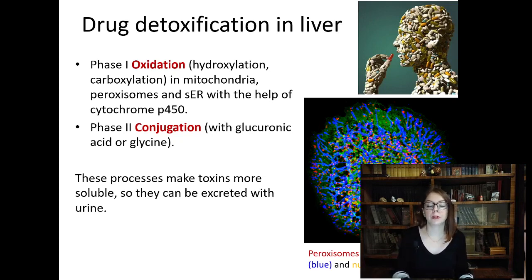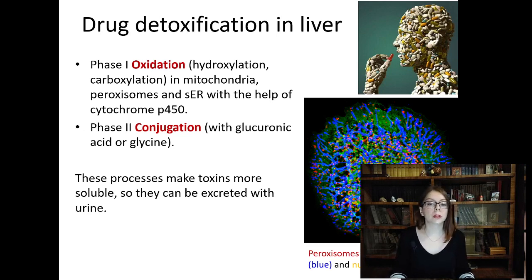In this diagram, with the help of fluorescent microscopy, multiple peroxisomes are shown in hepatocytes. You see them in red color. So they're very important in drug metabolism. Nowadays pharmacogenetics is very popular.